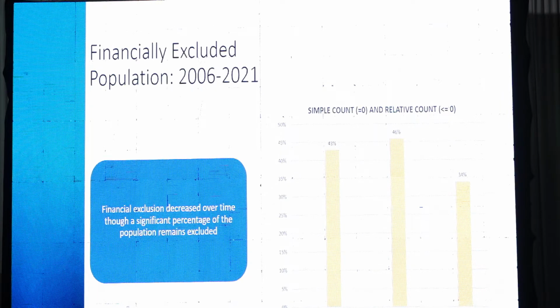But if I don't own it, I get strongly penalized because I'm not using a service that a large part of the population is using. So by this indicator, we show that exclusion has decreased over time, but between 2013 and 21, only by 9%, showing that our equity proxy only marginally improved.